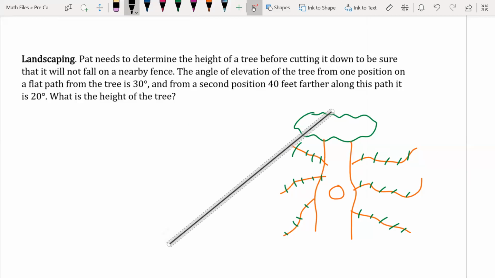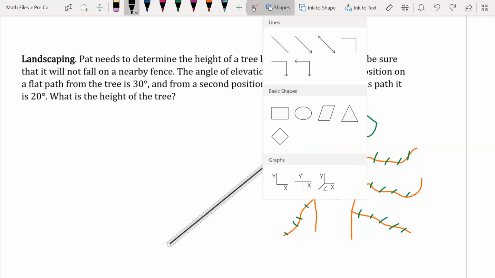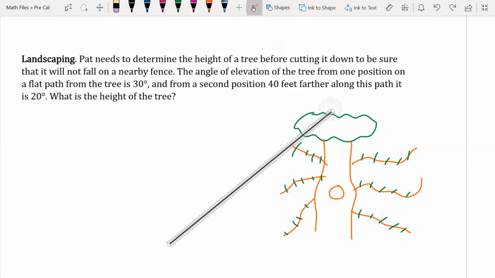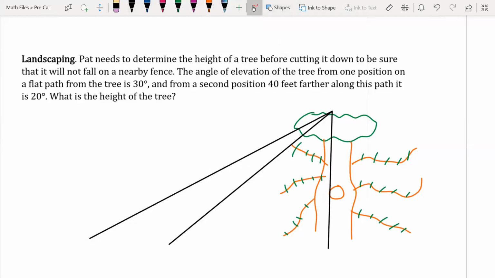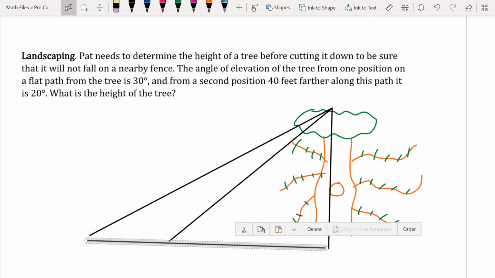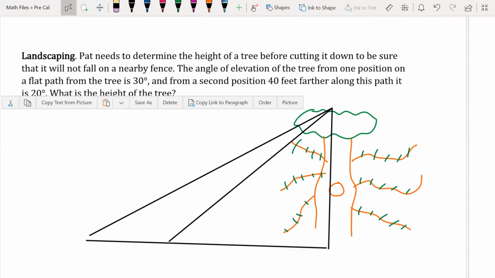And then we'll have a second observation. Good enough.